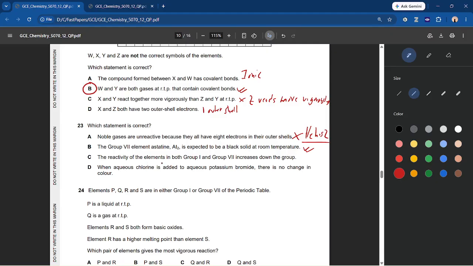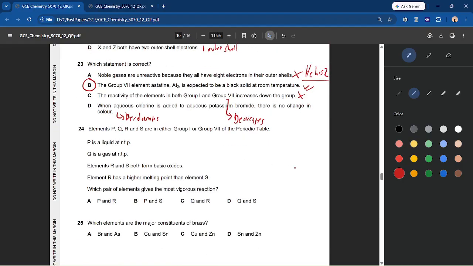The reactivity of the elements in both group 1 and group 7 increases down the group. That's not true. In group 7, it decreases down the group. And when aqueous chlorine is added to aqueous potassium bromide, there's no change in color. That's not true. It decolorizes. So the answer is B.